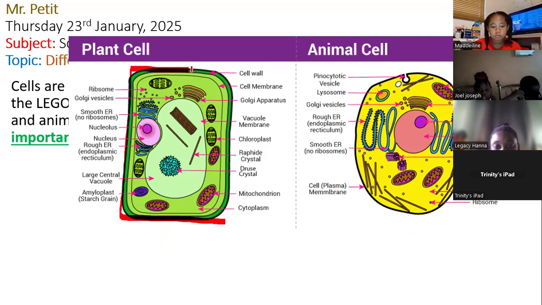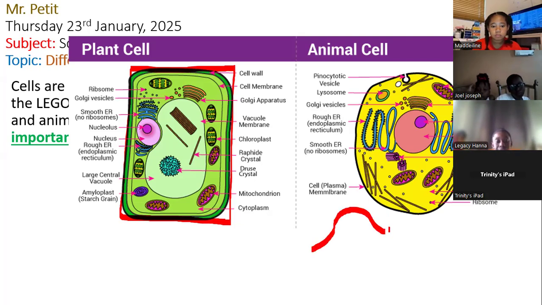It has a firm structure, right? The animal cell looks like a mango, looks like a circle. But the animal cell could be any shape.